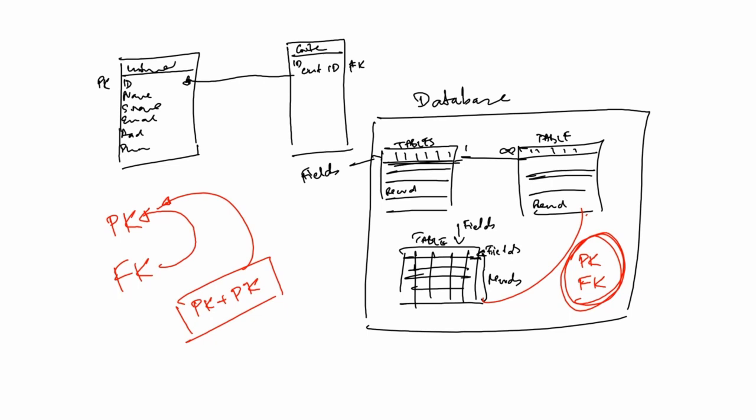Anybody? As many as you need. Again. So using primary keys and foreign keys enables you to have what we call direct access.